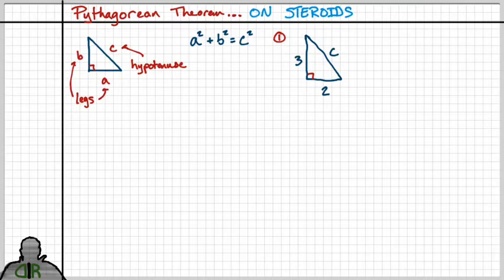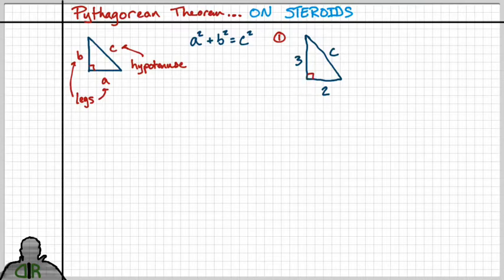But don't forget that this only works for right triangles. And typically you're going to want to make sure that it is a right angle, meaning the question needs to state, hey, is this a right triangle, or something like that. So we just need to know that it is a right triangle. Most of the questions are going to denote that with this little symbol here.